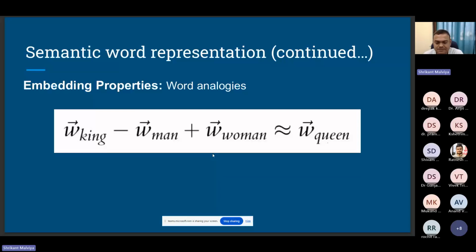We'll see with some examples at the end how this word analogy task could be implemented with the word representation in a more appropriate way.